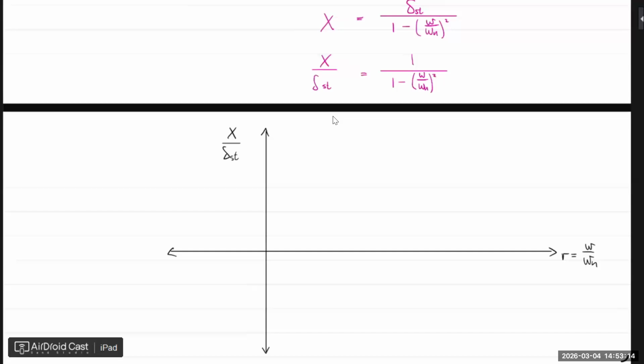In other words, I'm going to draw this now: I'm just going to make y equals 1 over 1 minus x squared, just to show you guys how it looks.